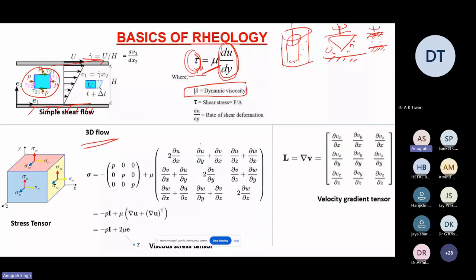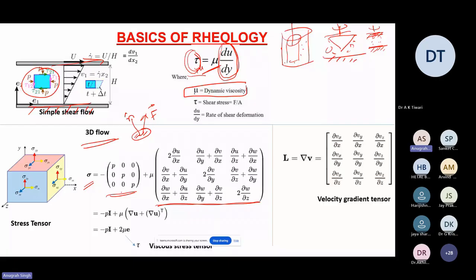So let's say on this surface, you need force per unit area, and the area itself is a vector with a magnitude and a direction, the outward normal. So in Cartesian coordinates you have three components of force and three for the area vector, so nine. That's why the stress tensor has nine components. Again, for a fluid system, you can break it into an isotropic part, that is pressure, and the viscous part.